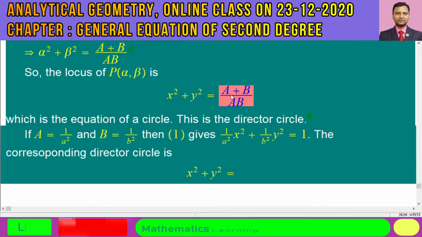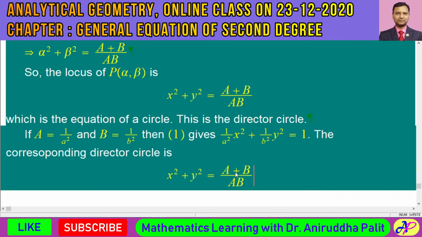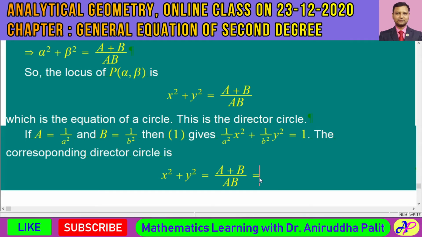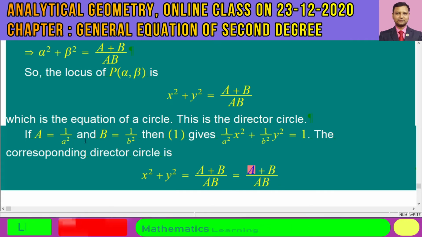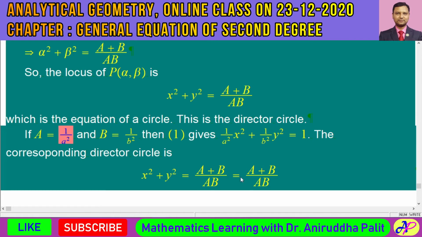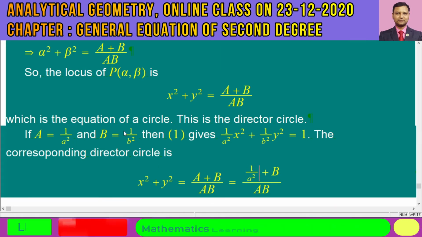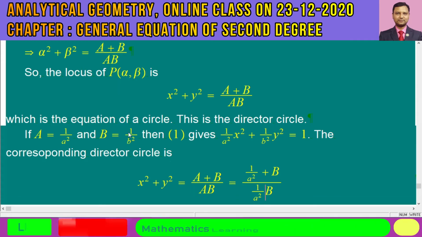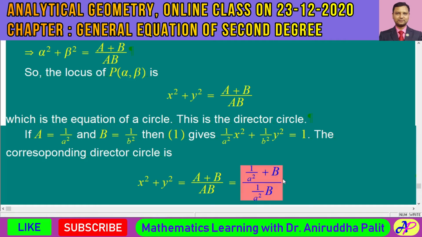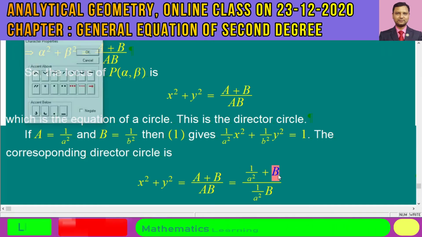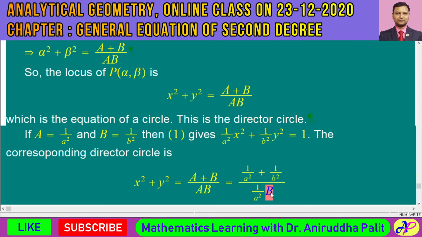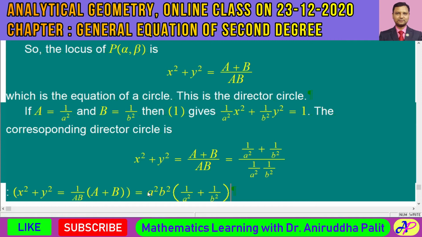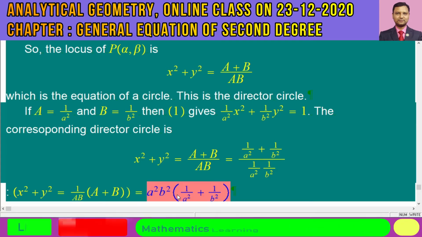So over here, A is equal to 1 by a square, and B is equal to 1 by b square. So 1 by a square plus 1 by b square, and that value would simply be equal to this kind of expression.